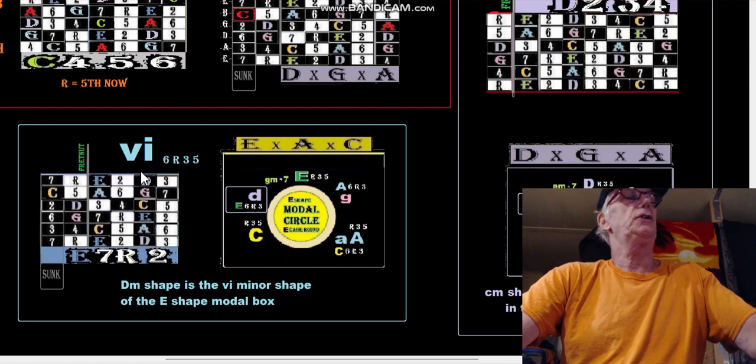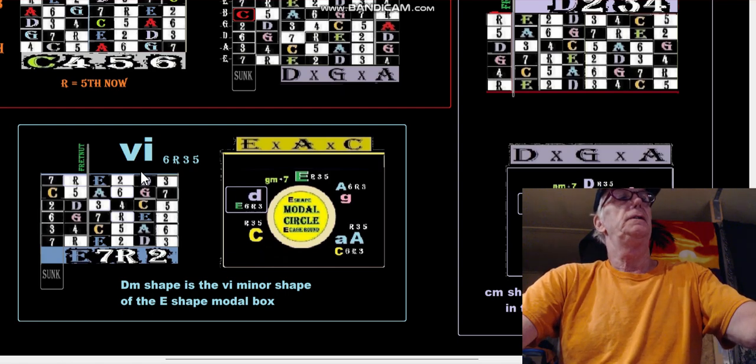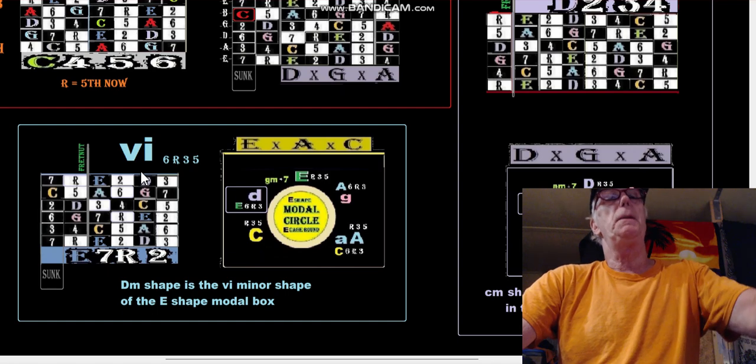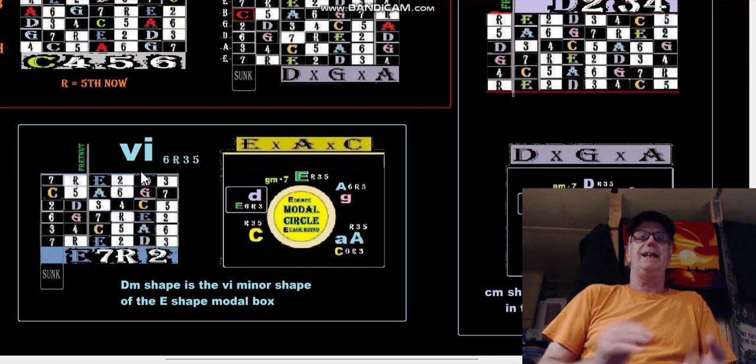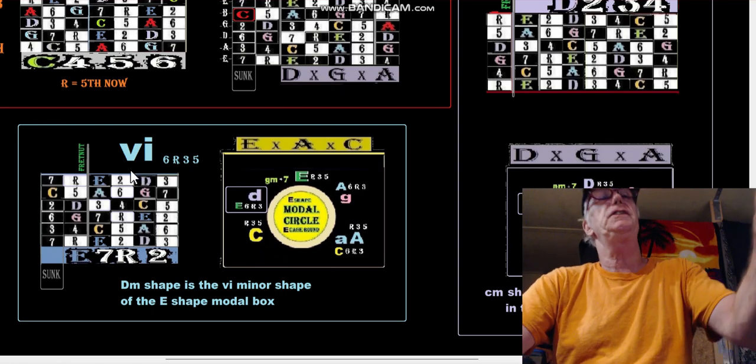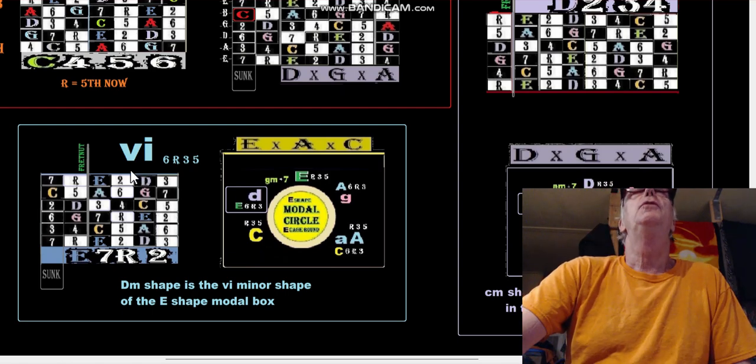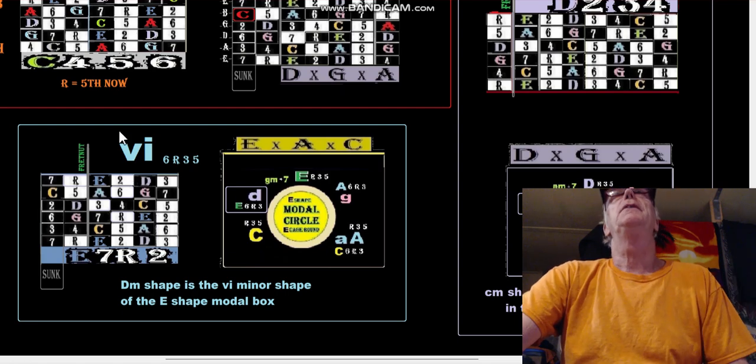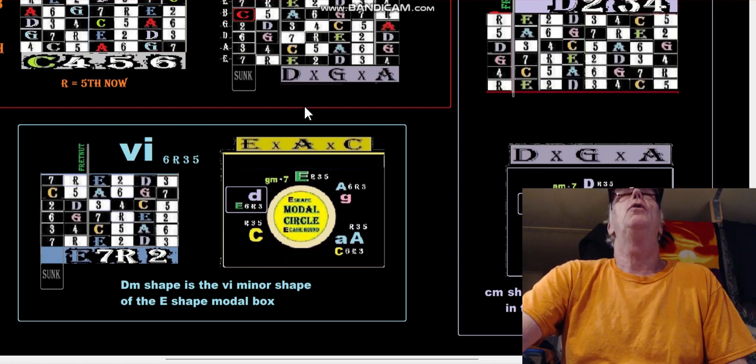You just look at it, you go E, okay, 4th of E is A, but the 5th of E shape is not B shape because it's a CAGE system, C-A-G-E-D. So we go to the C shape and take it down a little bit for that chord.